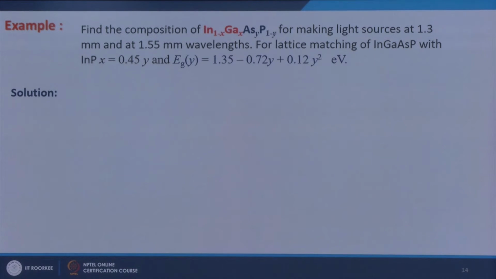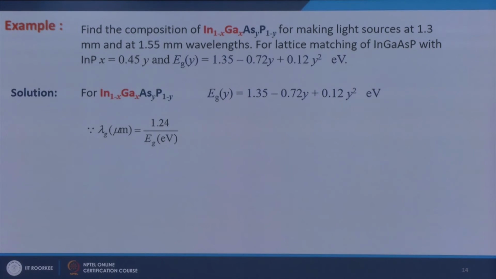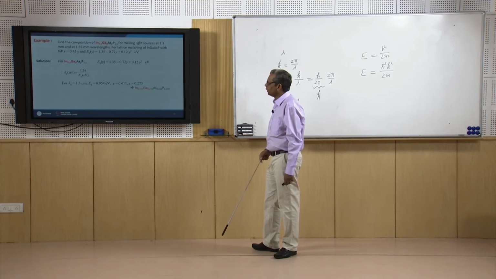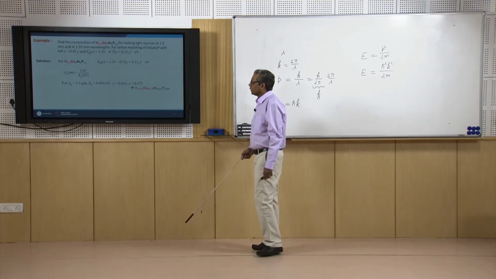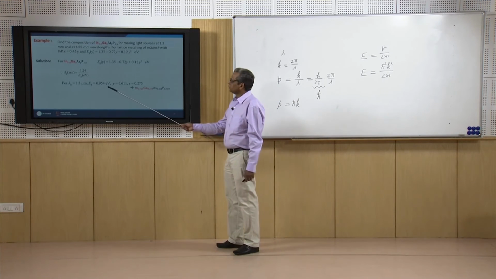So, how to get the composition? Since Eg is given by this, and I know that lambda g is equal to 1.24 divided by Eg, if I want to make a source at 1.3 micrometer wavelength, I can find out Eg corresponding to 1.3 micrometer.